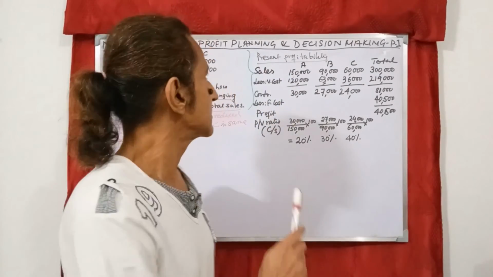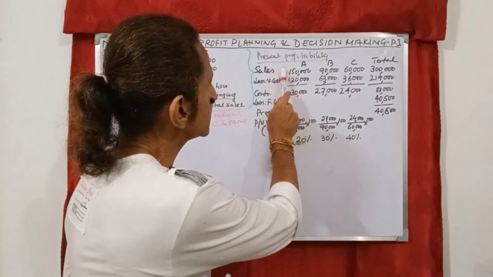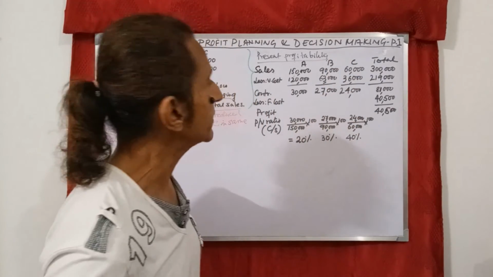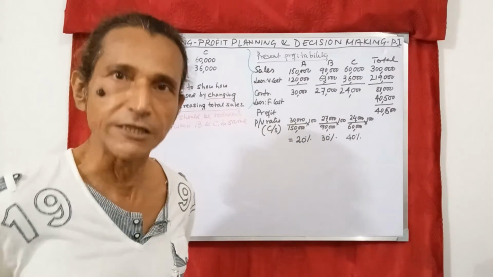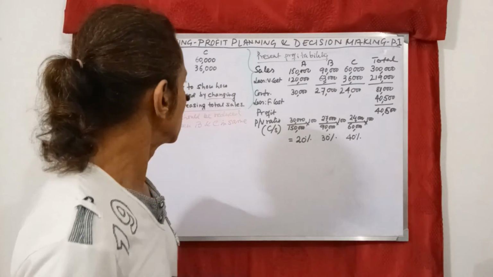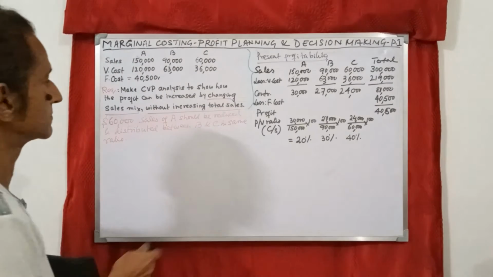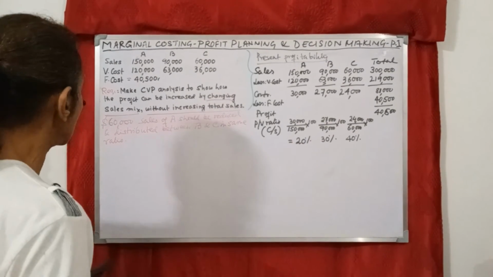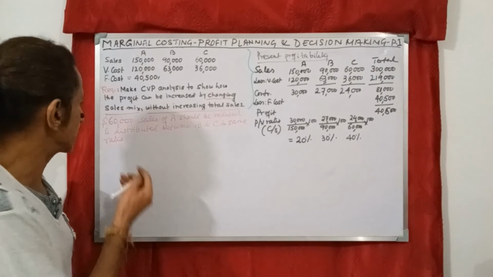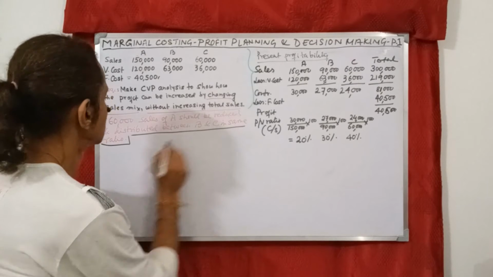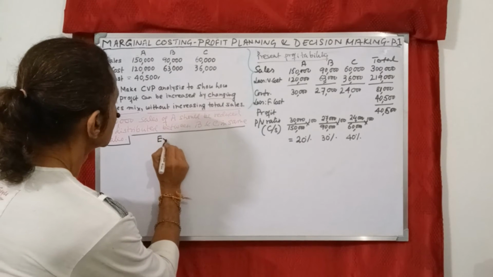This means sales of A will fall by 60,000 and sales of B and C will increase by $30,000 each. Now we shall evaluate this proposal. This is evaluation.